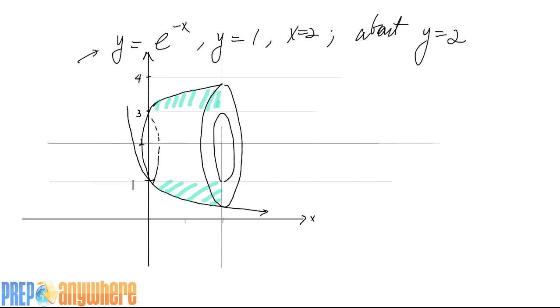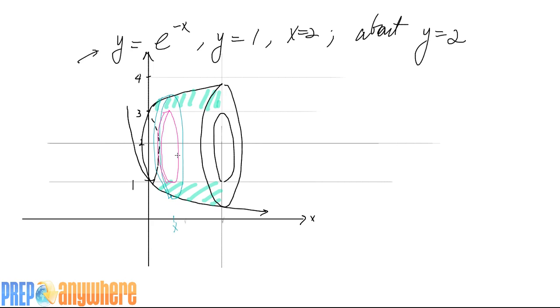For a particular value of x, we have to find that thin cylinder, and then subtract a smaller cylinder inside.